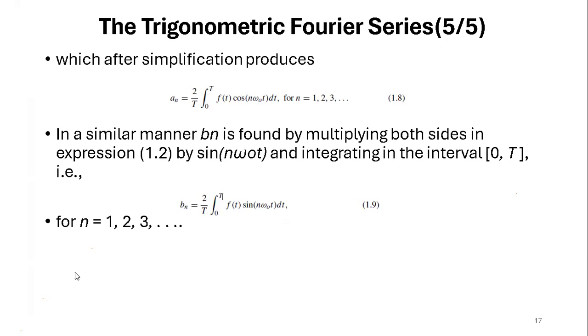After simplification, a n is equal to 2 over T times the integral over one period of f of t cos n omega t dt, for n equal to 1, 2, and so on.